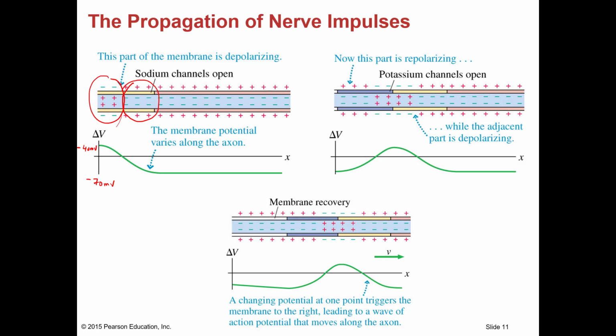So now this part is depolarized, and this part repolarizes. After the repolarization, it goes down again to negative 70 millivolts. This depolarized part depolarizes the other part ahead of it, depolarization moves forward, and then this part again repolarizes. So there is this transfer of depolarization along the axon. That's how it transfers the signal.